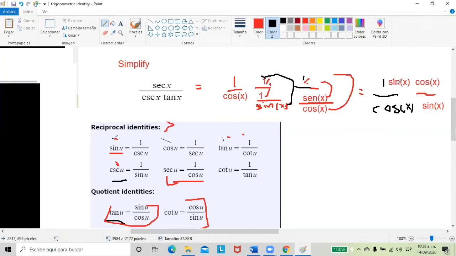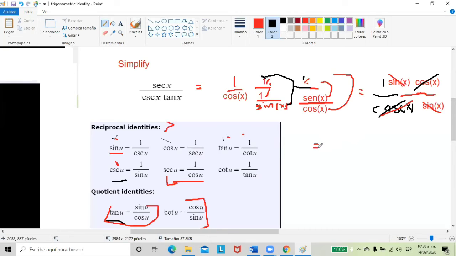Now we eliminate terms, we only multiply. We have cosine here, we eliminate this cosine with this other cosine. And we have this sine, so we eliminate this sine with this other sine.